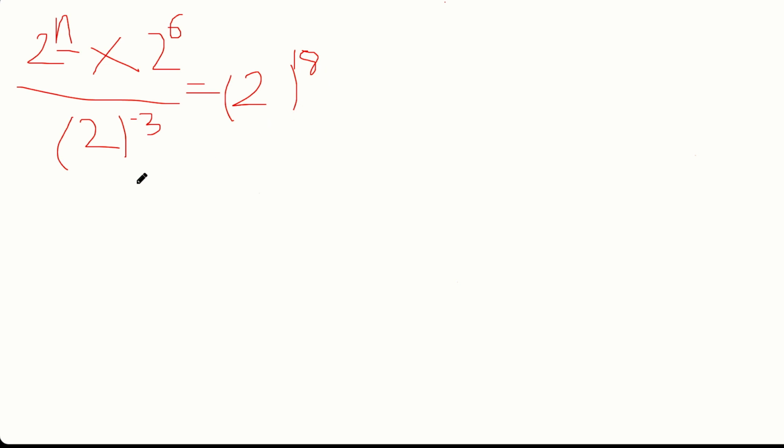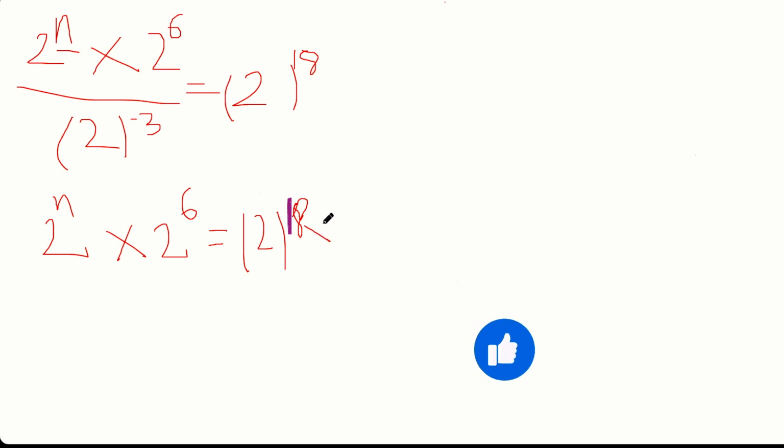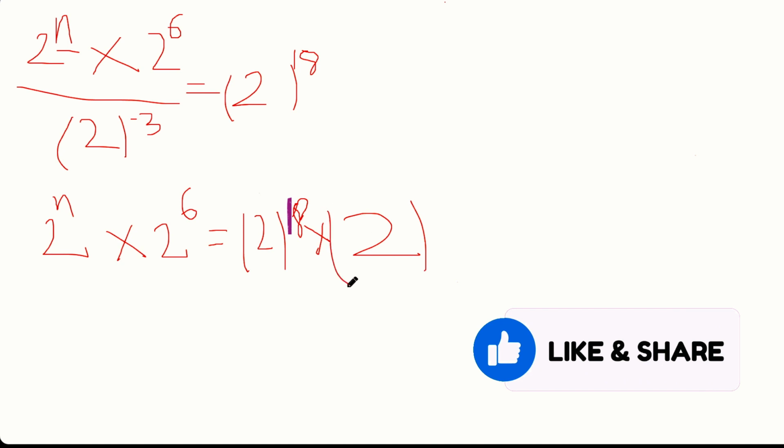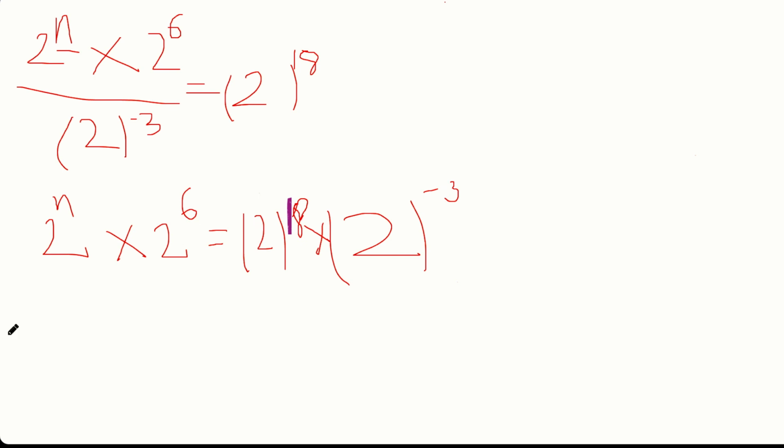So 2 raised to power n multiplied by 2 raised to power 6 is equal to 2 raised to power 18 multiplied by 2 raised to power minus 3.